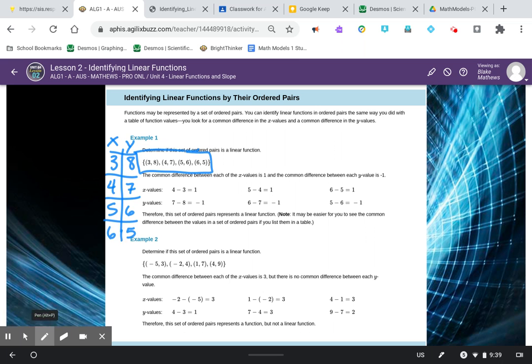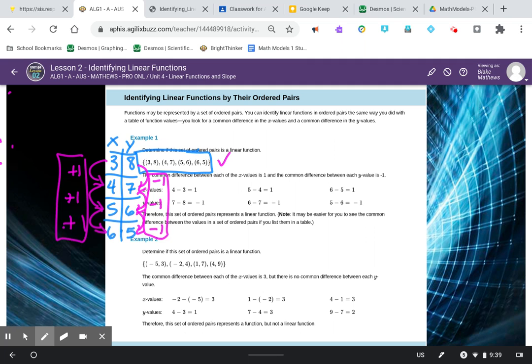Again, the key is that we're looking to see what the change is. It's going up 1, up 1, up 1, and then it's going down 1, down 1, down 1. These are consistent. There is a consistent change between y and x. So this would be a function.